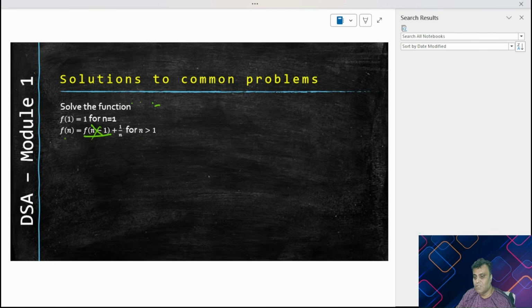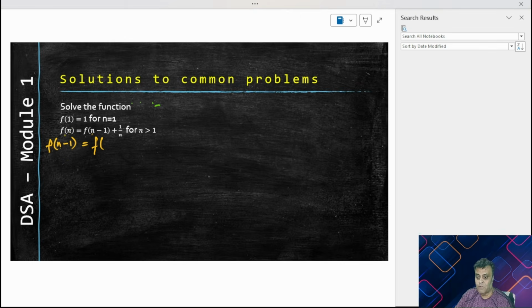How we typically do it is that if we see this, fn is equal to this, which is fine. If I put n minus 1 instead of n, let's say n has become n minus 1, then I am substituting n minus 1 here in this n.